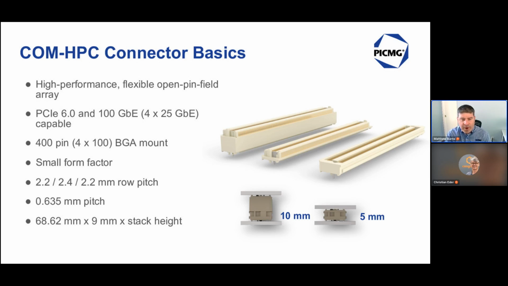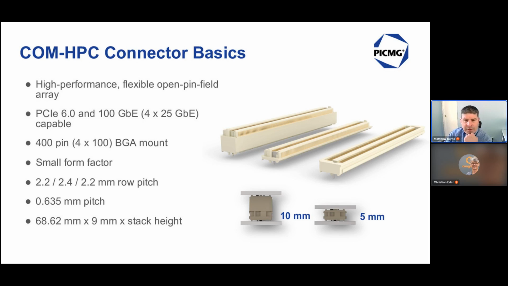It's a very small form factor. The spacing between rows is 2.2, 2.4, and 2.2 millimeter. We'll talk about why that's important in just a moment. The pin-to-pin pitch is 0.635 millimeter, and you can see that the connector itself has a very small PCB footprint, roughly 70 millimeter by 9 millimeter.